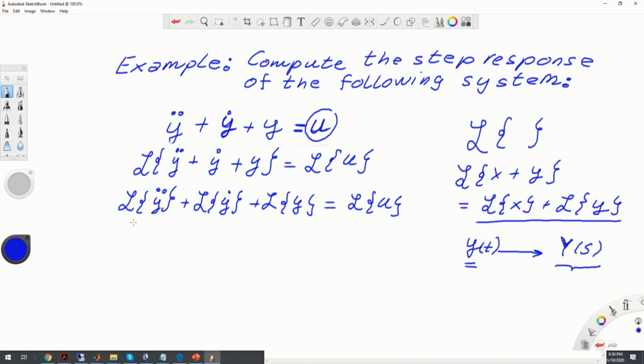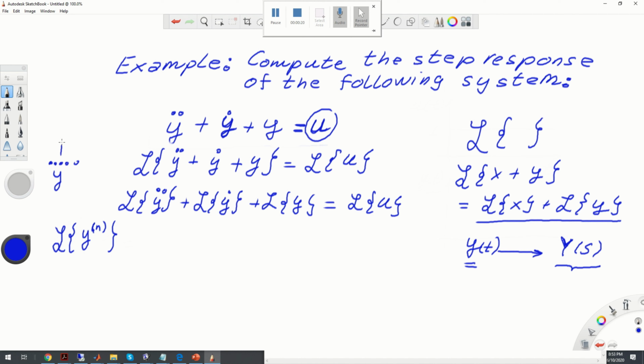So, what is the Laplace transform of the second derivative? What is the Laplace transform of the first derivative? We have to see. Suppose that we want to compute the Laplace transform of the nth derivative of a function y. This notation over here denotes the nth derivative because it's very difficult to write 10 dots, right? It's practically impossible. So we introduce the notation.